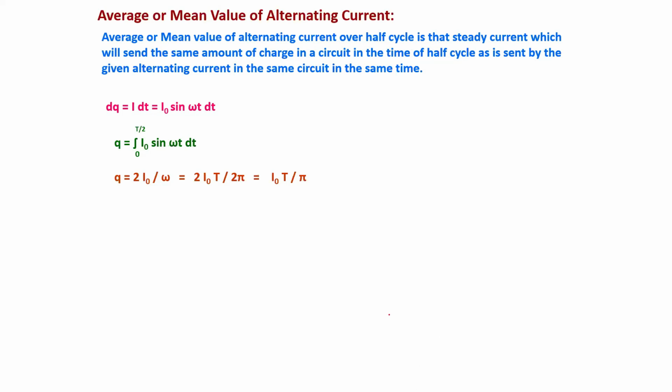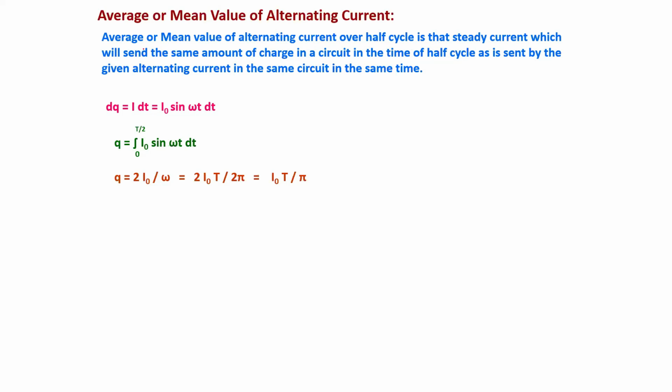Here we are going to study the average or mean value of an alternating current. The mean value can be calculated for the half cycle of the given current, because if we calculate for the whole cycle, it will cancel out and we will not get any value.